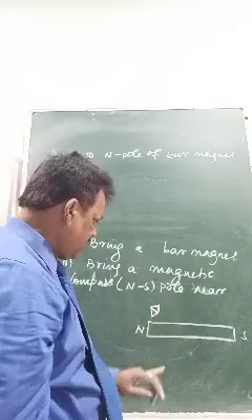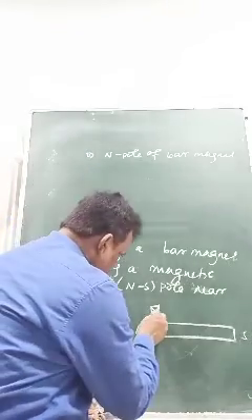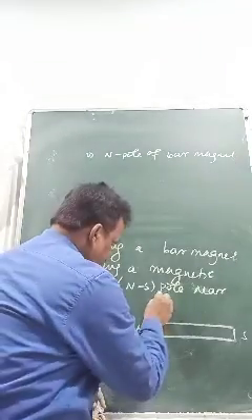Magnetic compass is like this. So south pole will be showing this direction, north pole will be here.